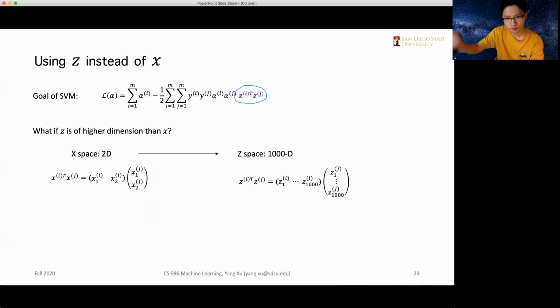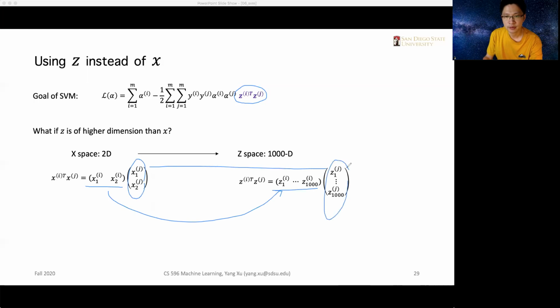And we can have higher dimensional data. We can convert x into a z of 1000 dimensions, and we still can compute the dot product between them.